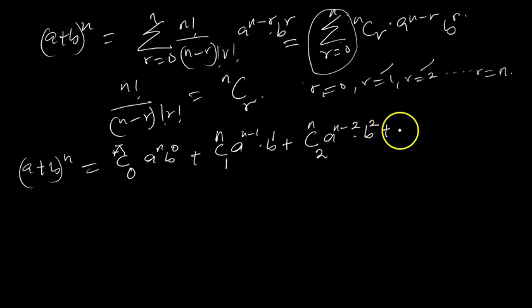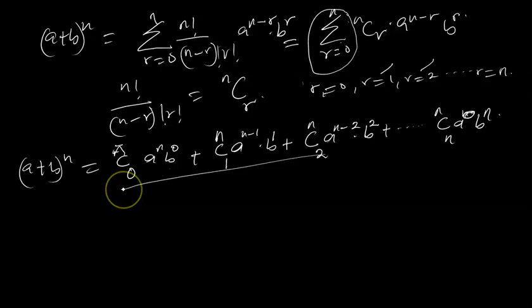Now you continue this in the series until you get to nCn, a raised to power n minus n, that's a raised to power 0, since n minus n equals 0, b raised to power n.